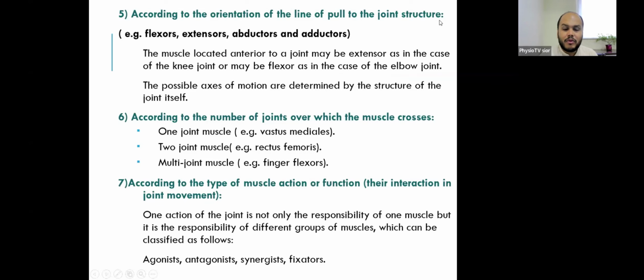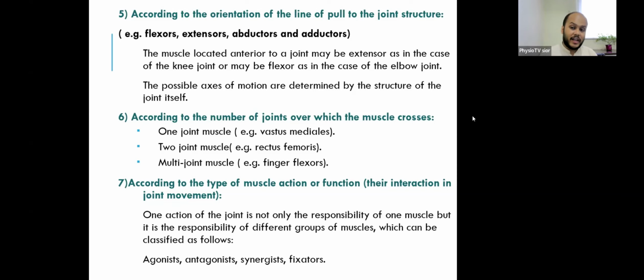Moving on, the next classification depends upon the location of the muscle. The muscle is located either on the anterior aspect of a joint, in which case it can be called a flexor, or on the posterior aspect, in which case it can be called an extensor. So depending upon where the muscles are placed, they can be named accordingly.